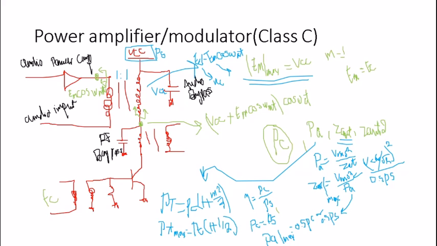This comes out at the denominator. 0.5 times 2 gives you 1, and as we know the power of the supply equals VCC multiplied by IC. Here we have VCC squared over VCC, one VCC cancels with one VCC, so it gives us an output impedance of VCC over ICC.